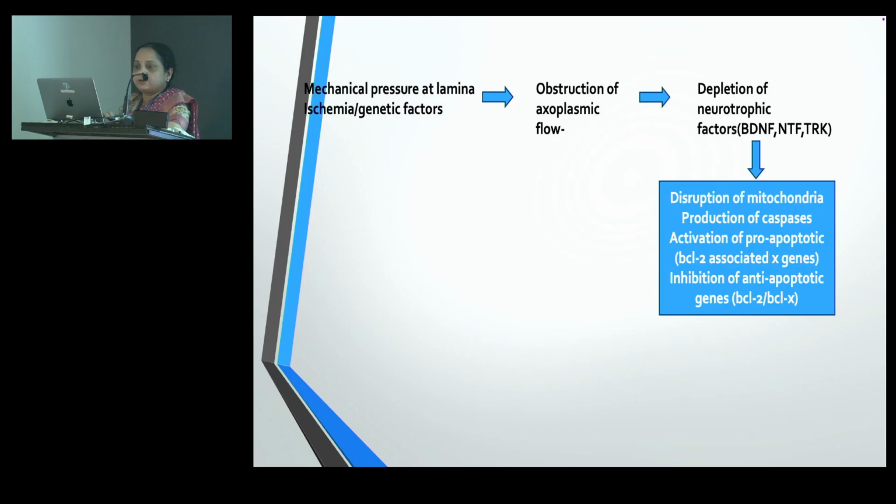Retinal ganglion cell death occurs when there is mechanical pressure at the lamina, or when there is ischemia or genetic factors, which can lead to obstruction of axoplasmic flow and depletion of neurotrophic factors, which can lead to disruption of mitochondria.